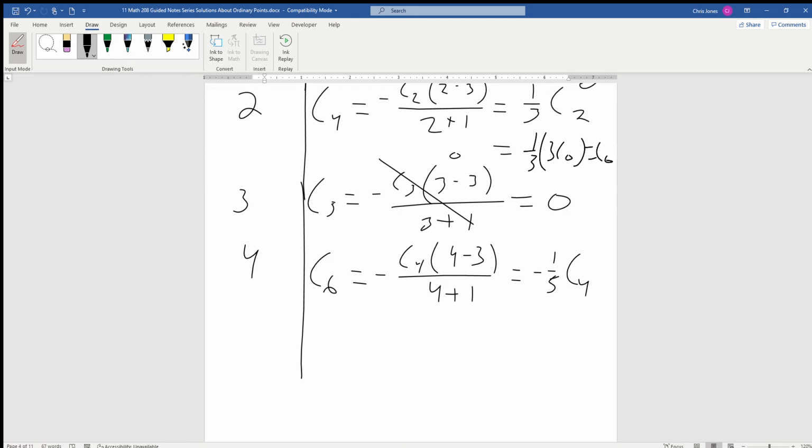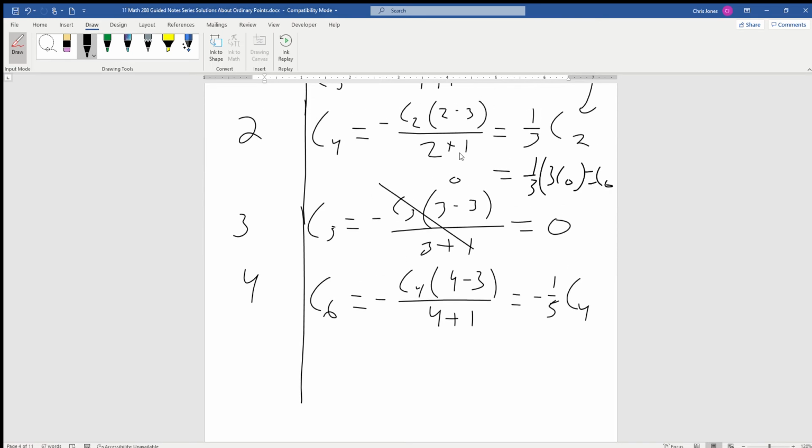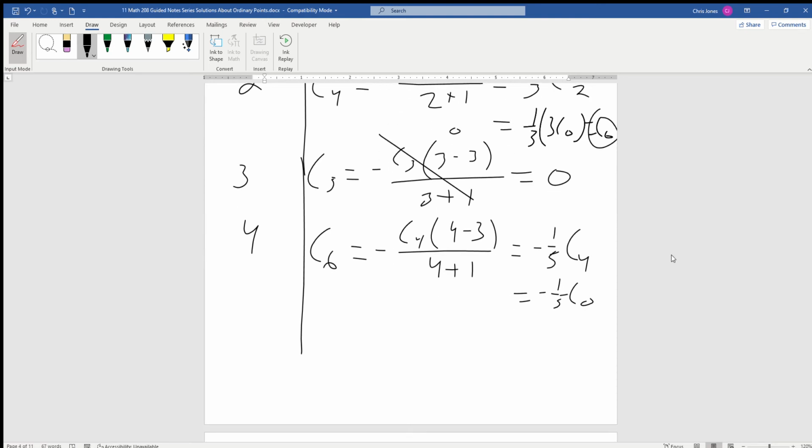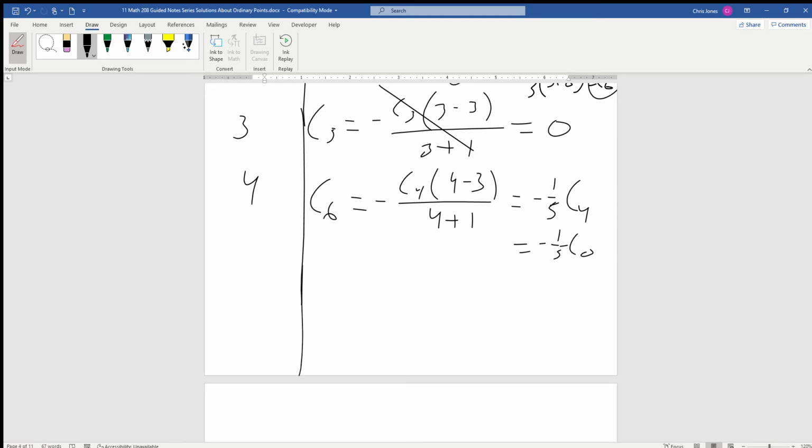But we remember that C4 is equal to C naught. So that's really minus 1/5 C naught. That's why it's called a recurrence relation: you use the previous instances to generate these other portions of the function.